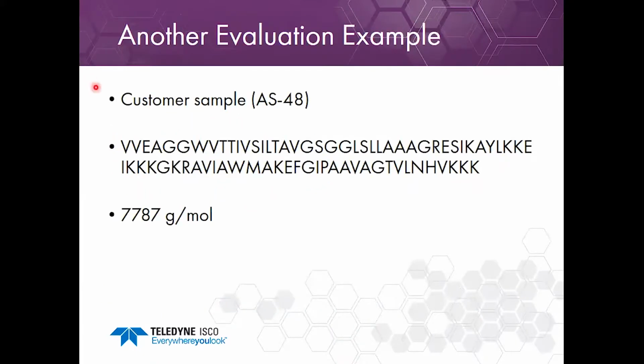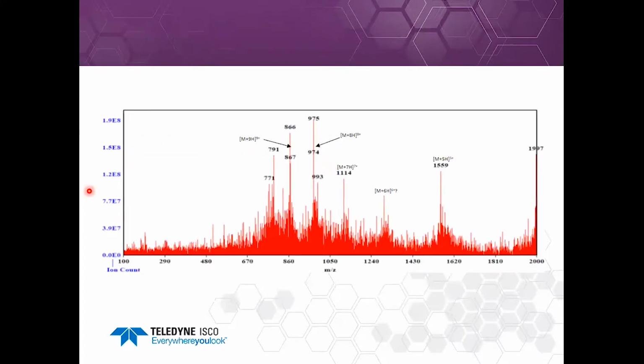Another evaluation example is a customer sample, AS48, whose sequence is over here. Its molecular weight is 7,787 grams per mole, and the mass spectrometer, as I mentioned, has a limit of 2,000 Daltons. Can we see this? Well, the answer is yes, we actually see it pretty well.